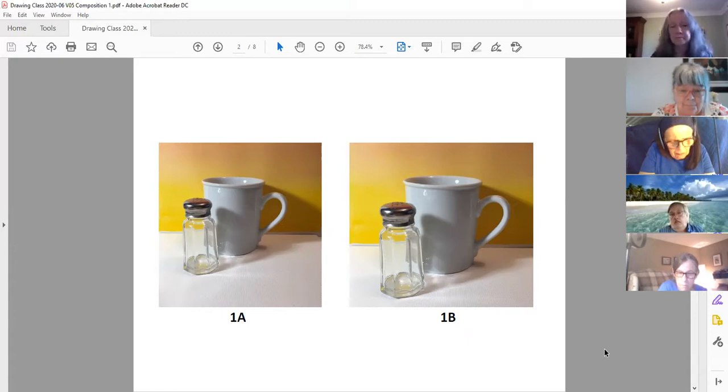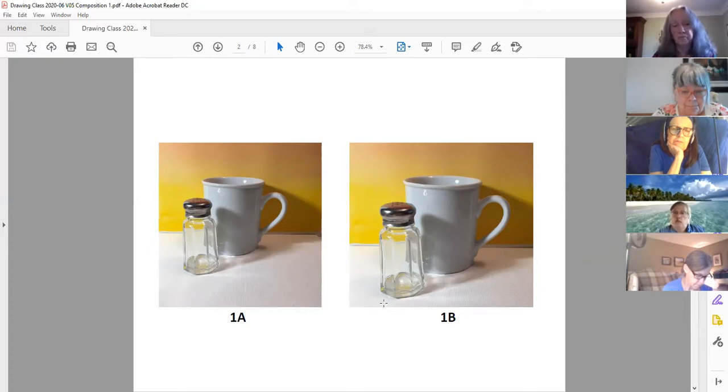Well, look at the line in the background, the line between the wall and the table, and look at where it's positioned compared to the overall height. It's halfway. And if we were to paint this, there would be all of this foreground area that doesn't have anything interesting in it.